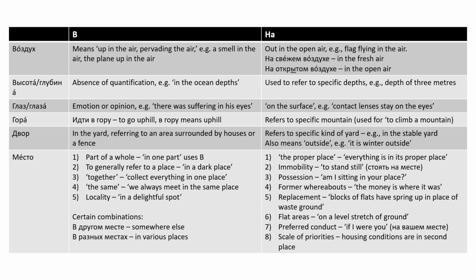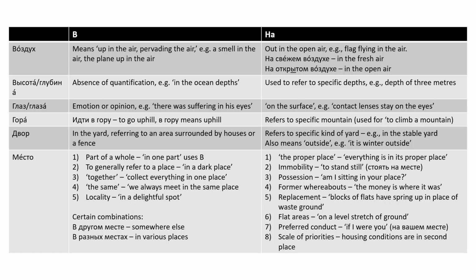Then for gora, idti v goru, this is just a set expression meaning to go uphill, but na is the more common expression meaning to climb a mountain. And then na used with mountains will also refer to a specific mountain.